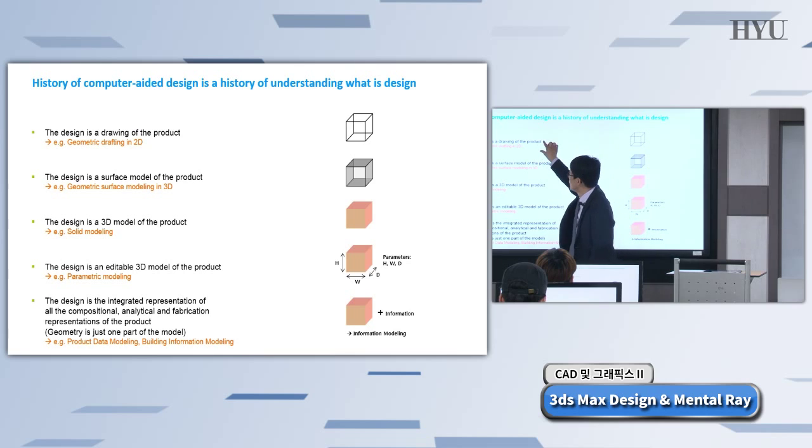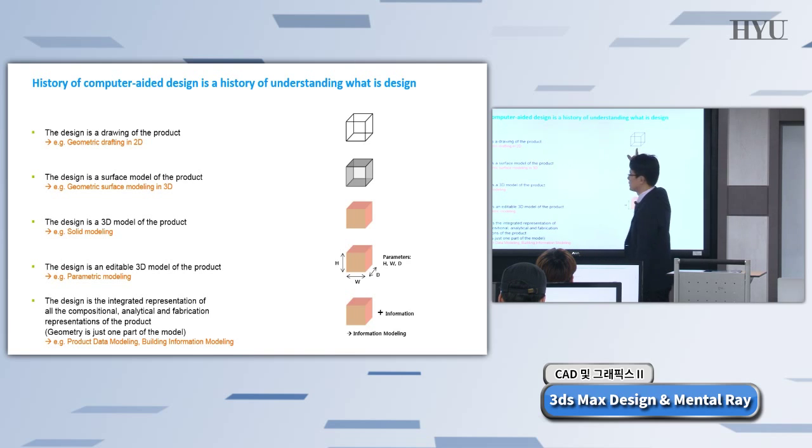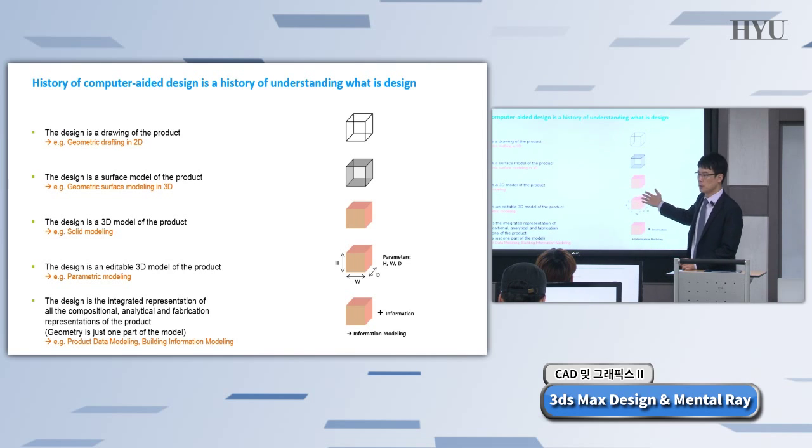At first, people believed 2D drafting images, front view, top view, left view, right view, such precisely drawn 2D drawings, were what was designed at the time. So computer-aided design also focused on representing such drawings.